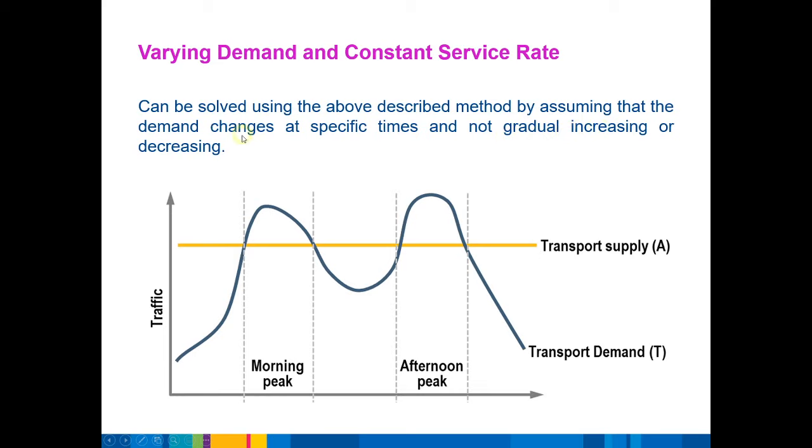We can make some assumptions about the demand changing at specific times, so not having a gradual increase but lumping together into specific time groups, and then we are able to make some calculations based on that. So even though our true demand rate is curvilinear, we can make it into a block shape, and then we can use the calculations we've just been talking about.